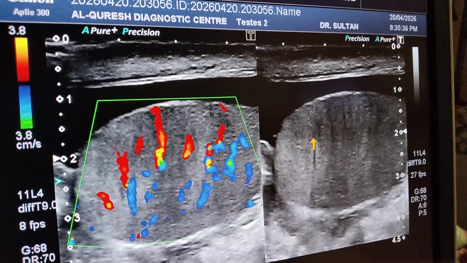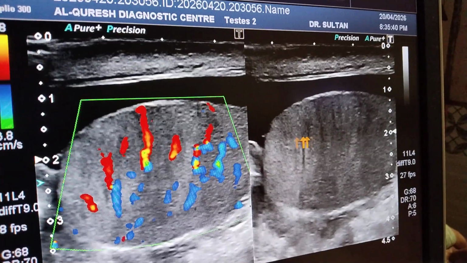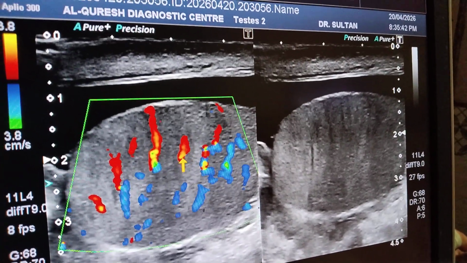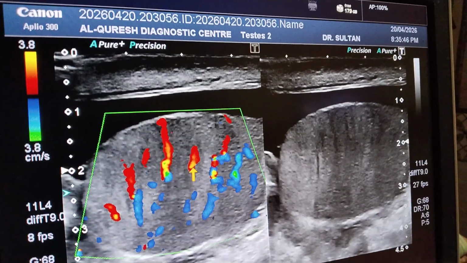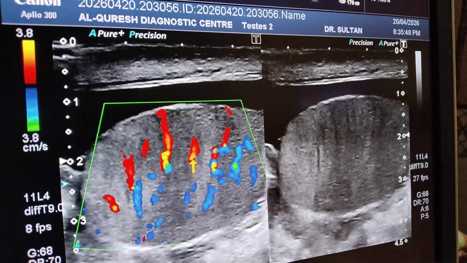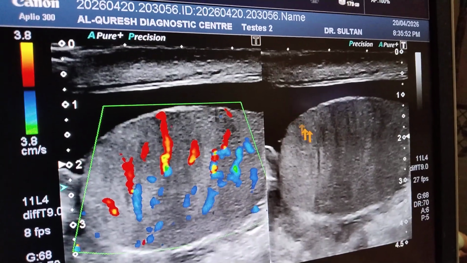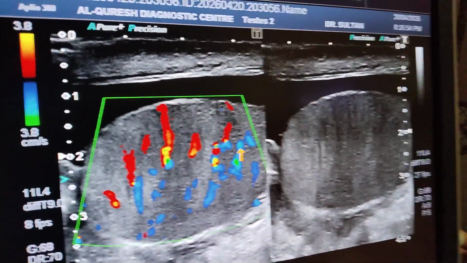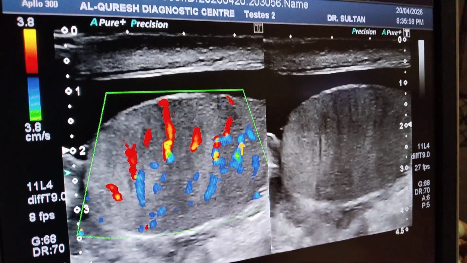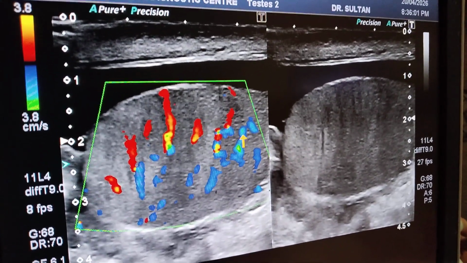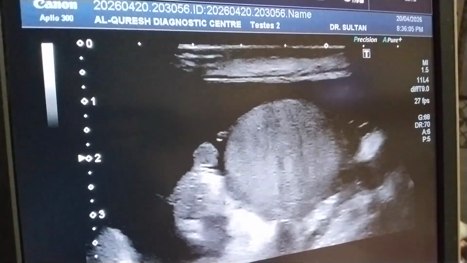Number 3, heterogeneous relatively hypoechoic left testes. And the 4th one is the increased vascularity. So all these lead to the orchitis, and this is the reactive hydrocele due to the orchitis, meaning inflammation of the testes. When we observe the orchitis, then we should also focus on the epididymis. So I am going to scan the epididymis.